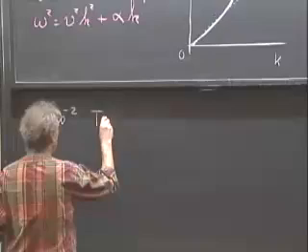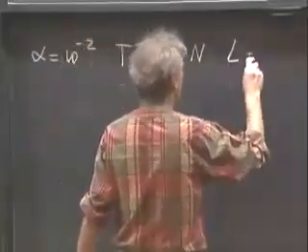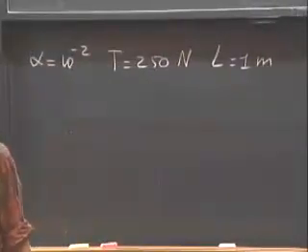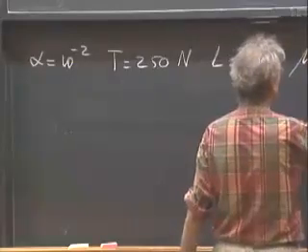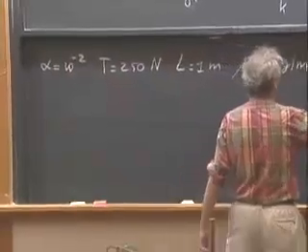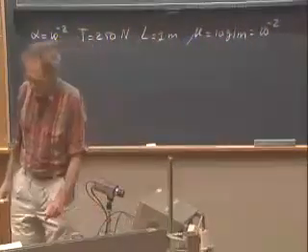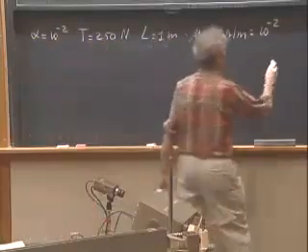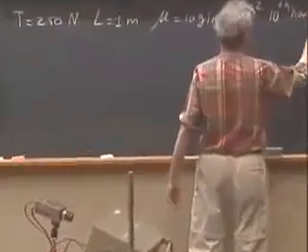I take the tension, which is very common for piano strings, which is 250 newtons. I take the length of a piano string, which is 1 meter, just for simplicity. And I give it a mass per unit length of 10 grams per meter. So that would be 10 to the minus 2 kilograms per meter. And I want to explore with you the 10th harmonic of this string.